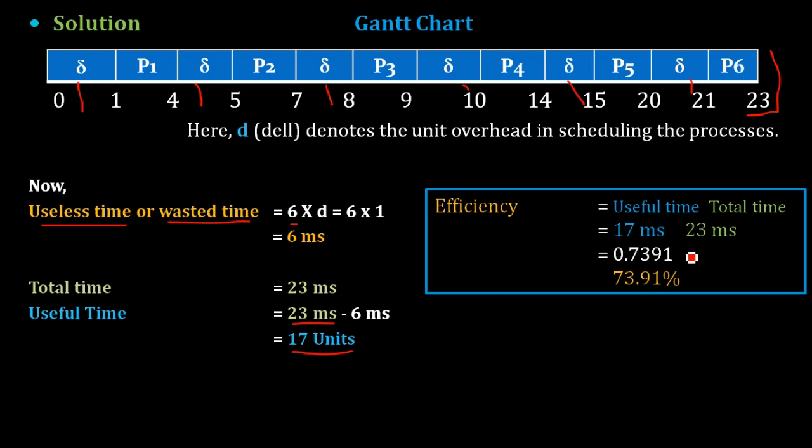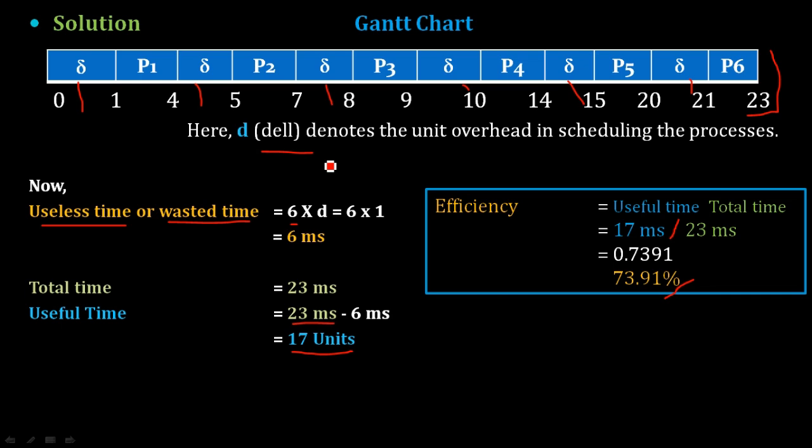So 17 divided by 23 gives 0.7391, that is 73.91 percent efficiency by using this del symbol.